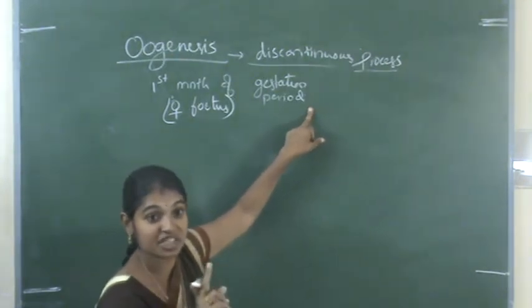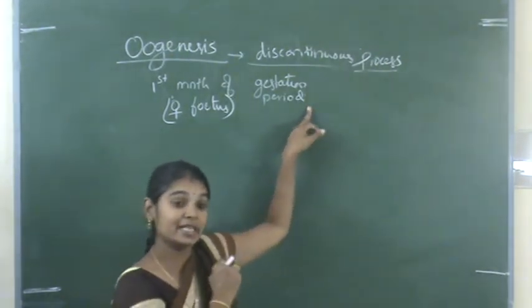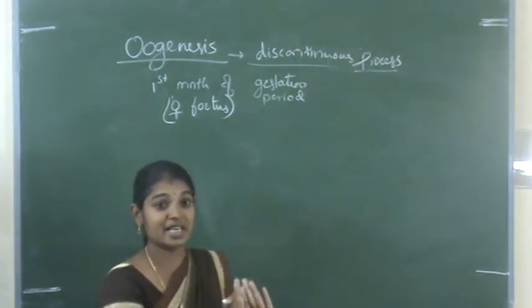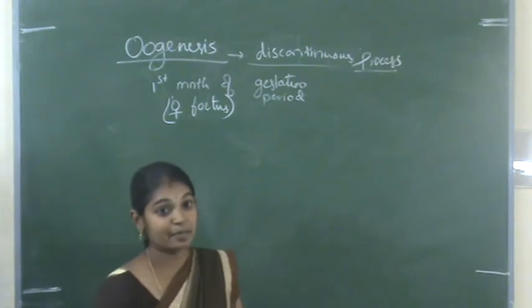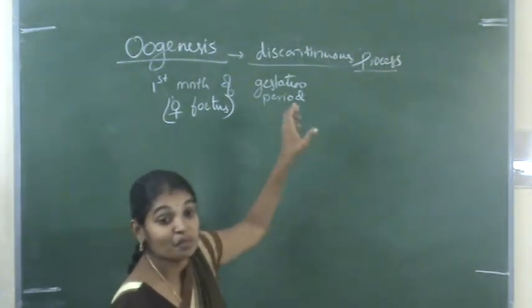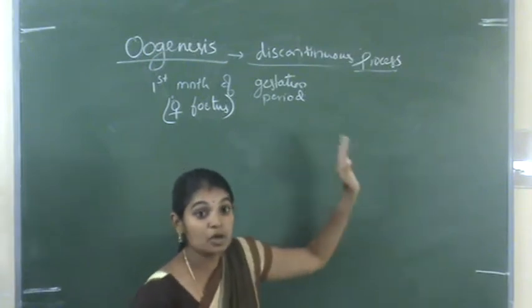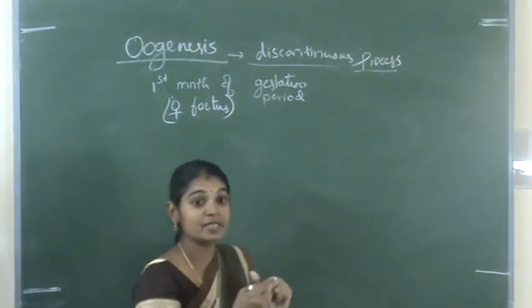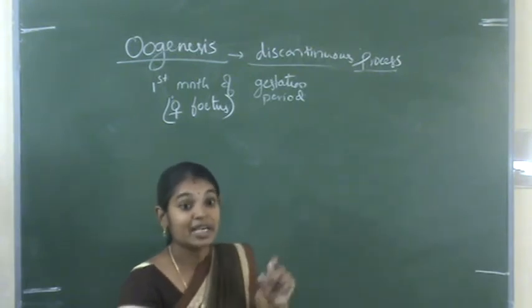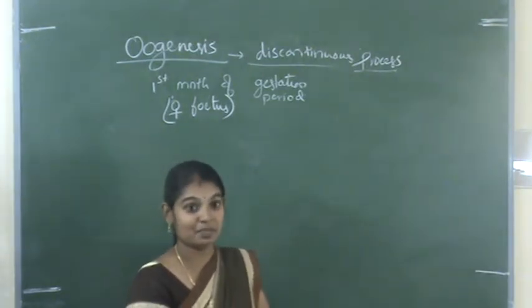Once the zygote is formed, from then onwards it is known as pregnancy. But gestation period means when that zygote, after cleavage, especially at the blastula stage, enters into the uterus.